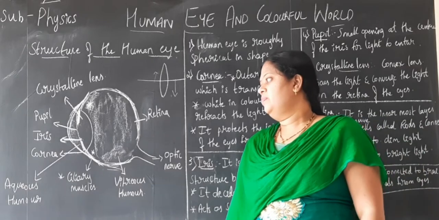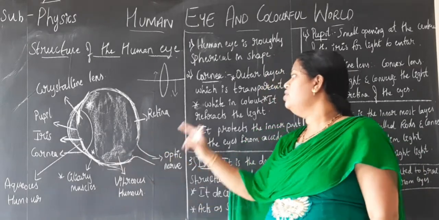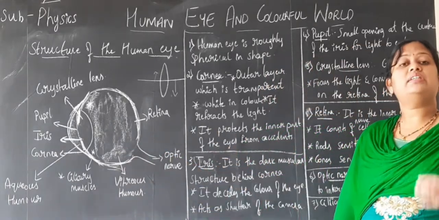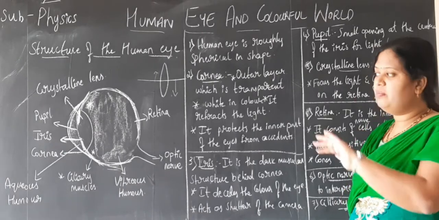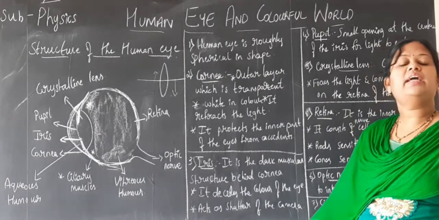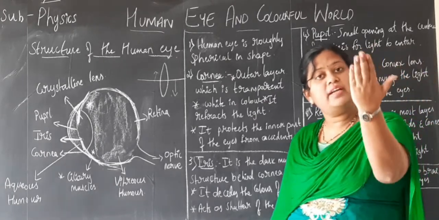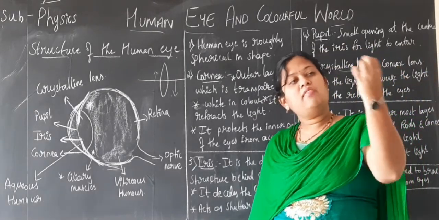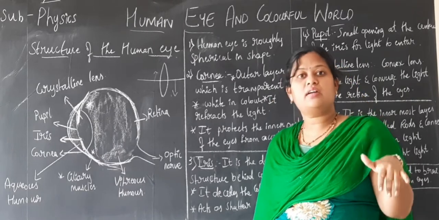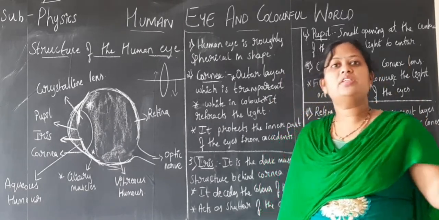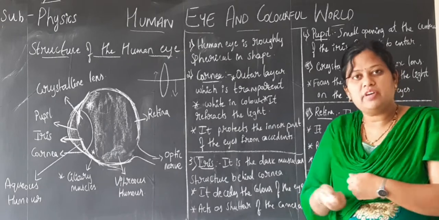That is the cornea. After the cornea, you have the iris, which is the thick, dark, muscular region behind the cornea. It acts as the shutter of the camera because it decides the amount of light that has to enter the eyes. When do we need more light? In the dark. When do we need less light? When it is a bright day. Do you put a torch on when it is a hot sunny day?